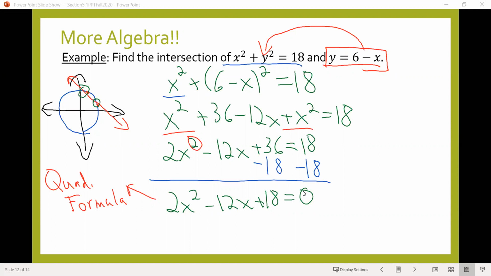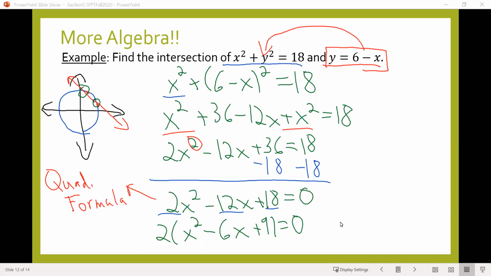I'm going to go with that approach, because the first thing I notice is that every one of my coefficients here on the left-hand side is divisible by 2. So that means I can actually factor out a 2 here. So this becomes 2 times, and when I factor it out of each term, I'll end up with x squared minus 6x plus 9 equals 0.